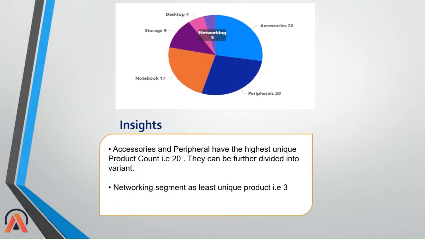So we see that accessories and peripheral have the highest unique product count, that is 20 each. They can be further divided into variants. Network segment has least unique products, that is 3.